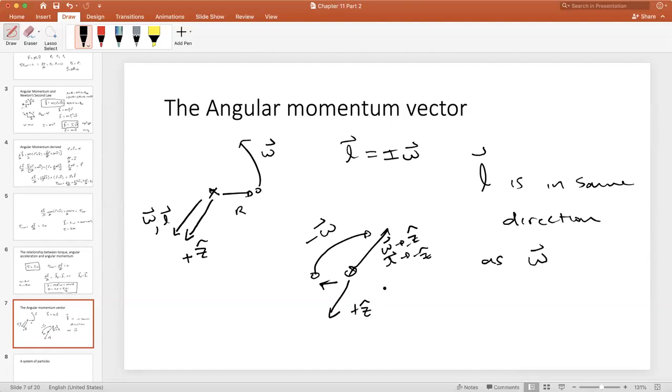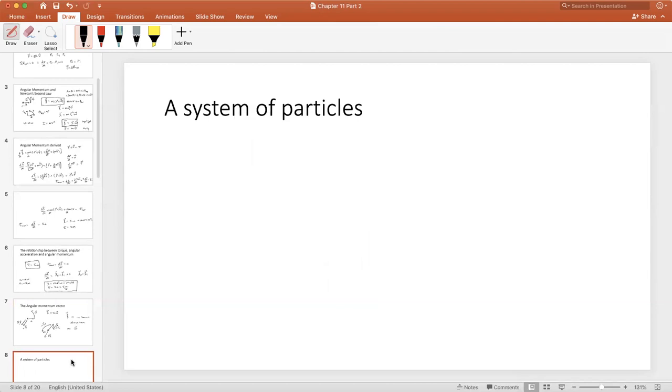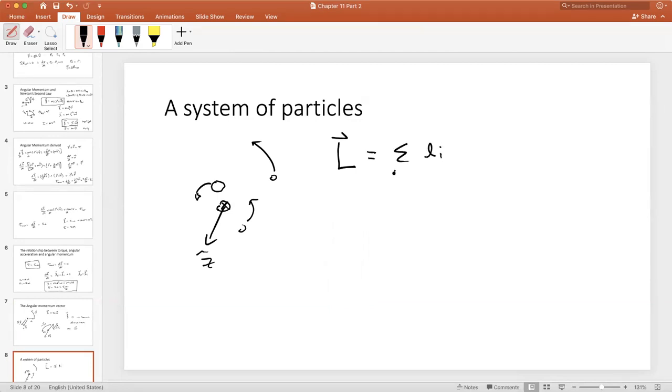All right. So we talked about a single particle, but what happens if we have a whole bunch of particles, and they're all rotating around some common axis of rotation? Let's say it's z hat coming out of the page. Big L is the total angular momentum of the system, and it's equal to the sum of each individual particle from 1 to n.